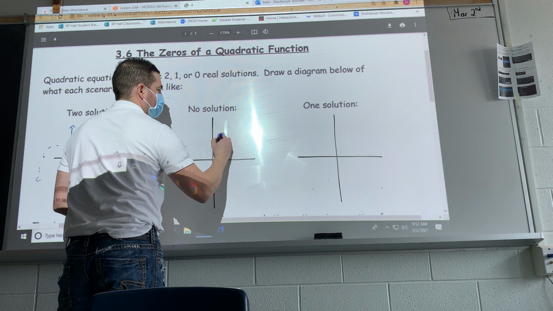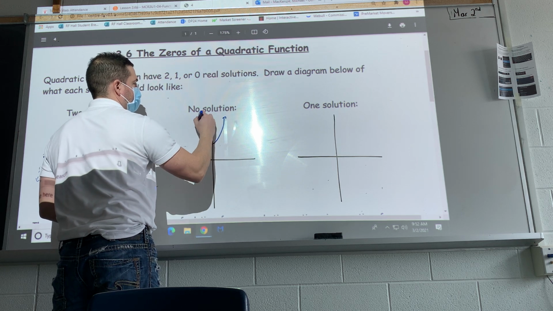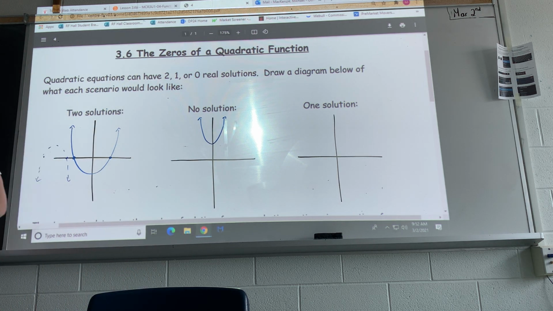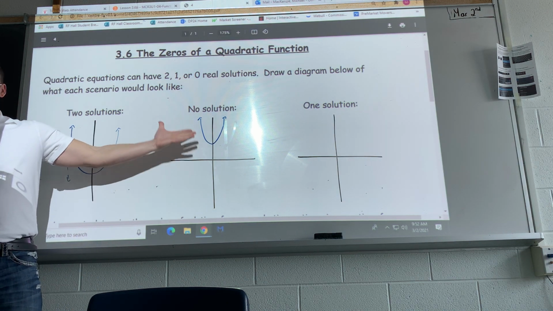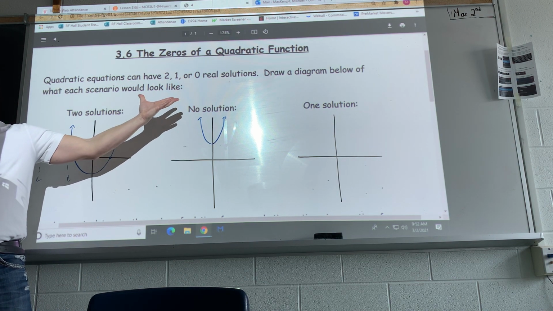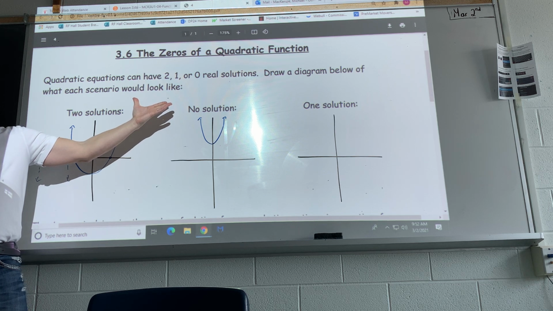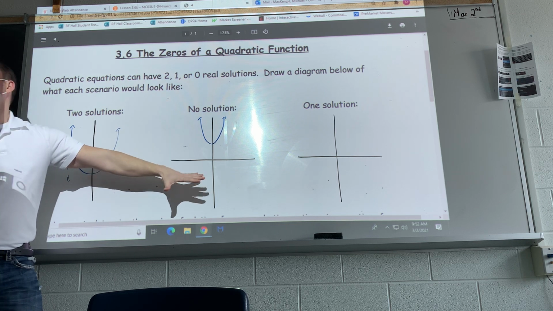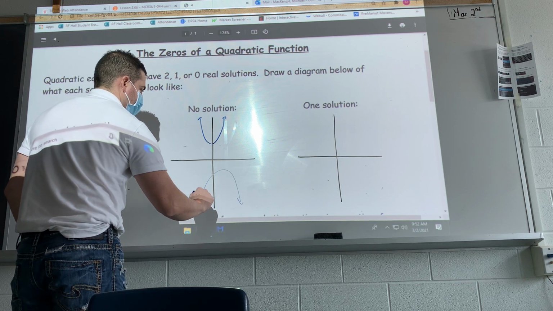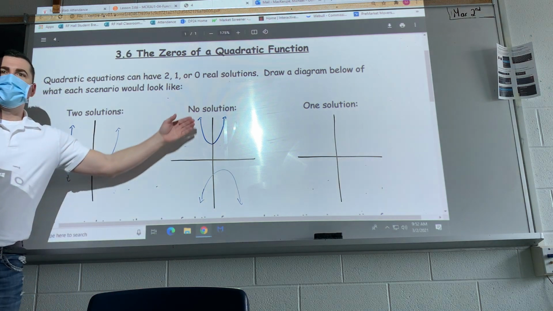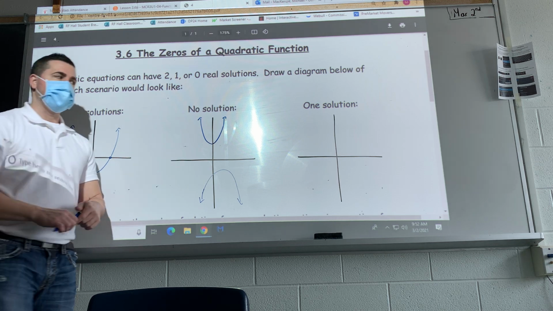So something higher above the x-axis, okay, going, say, like that. Okay, so this would not have any x-intercepts here. Okay, so it can be going upwards above the x-axis, or facing downwards below the x-axis, right? So you have something that goes like this. Okay, so this would have no x-intercepts for this example.